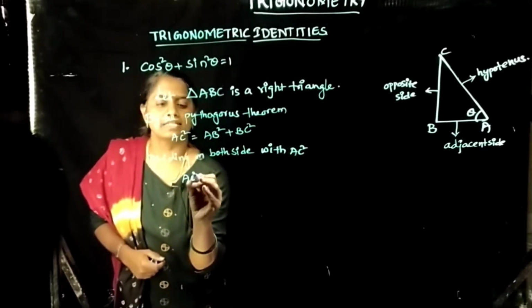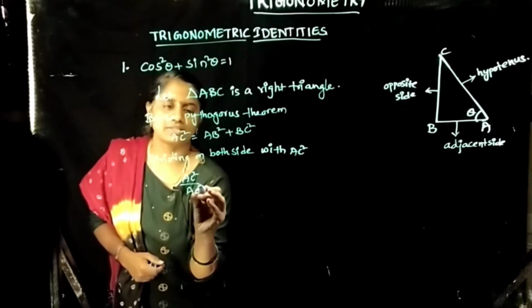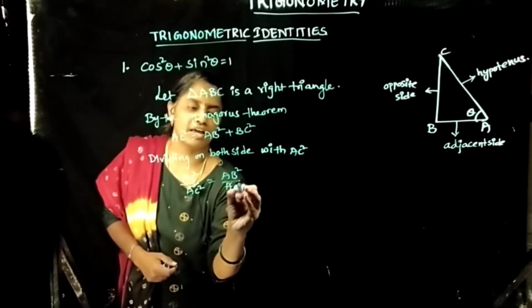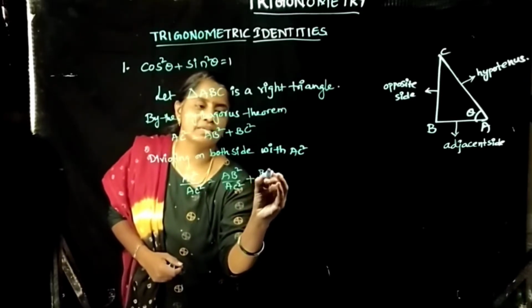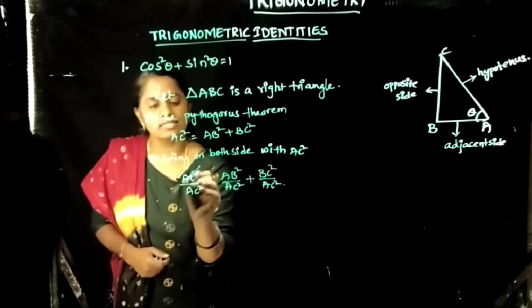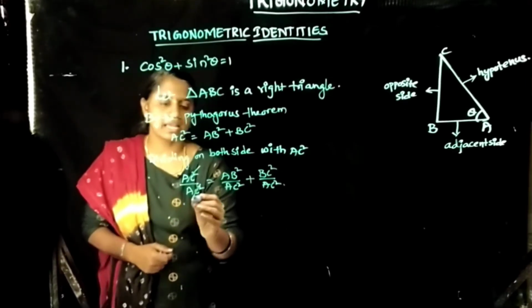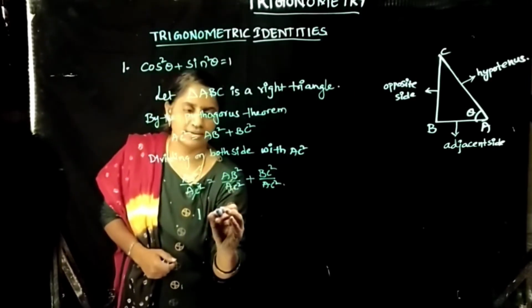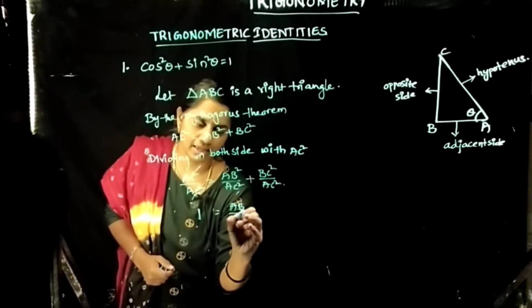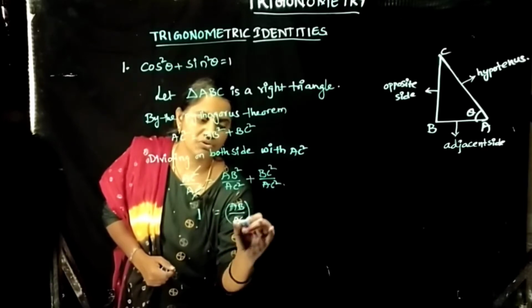So AC square by AC square, AB square by AC square plus BC square by AC square. Here AC square both are cancelled, we get 1. Here AB square by AC square means AB by AC whole square.